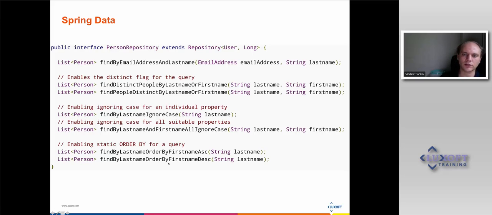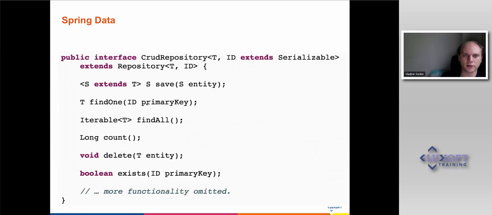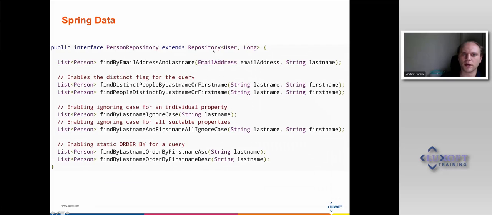And below you can see the list of various find methods. So if we define the PersonRepository this way, it means that it already has all the standard methods like save, find one, find all, count from the repository implementation, and we do not have to implement them.